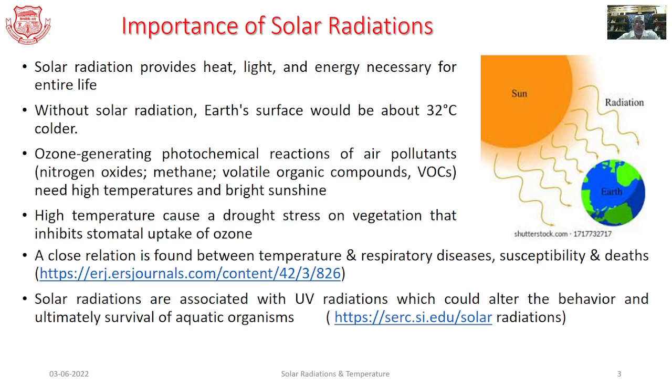Also, a close relation is found between the temperature and the respiratory diseases, the susceptibility to the diseases, and the deaths, according to various researchers. The solar radiations are associated with ultraviolet radiations, which would alter the behavior and ultimately the survival of aquatic organisms.